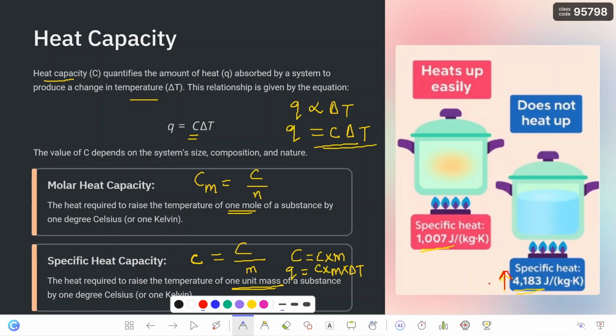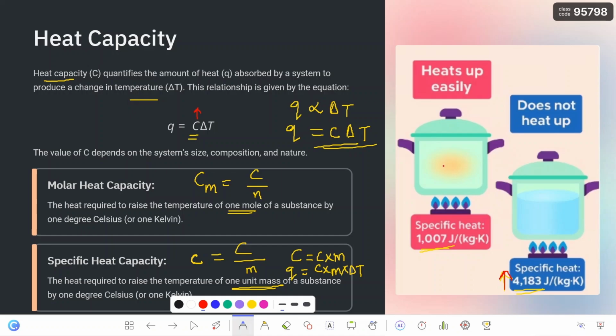When specific heat is higher, it requires more heat to raise the temperature. That means it won't heat up so quickly. When the heat capacity is less, it will heat up very easily because it requires less energy to raise the temperature, so that it will heat up quickly.